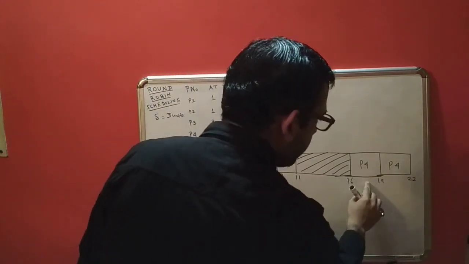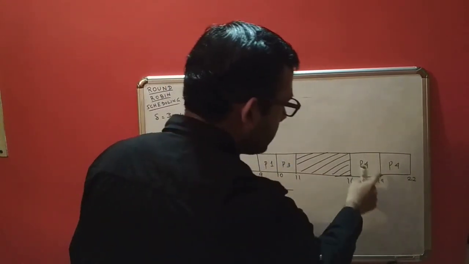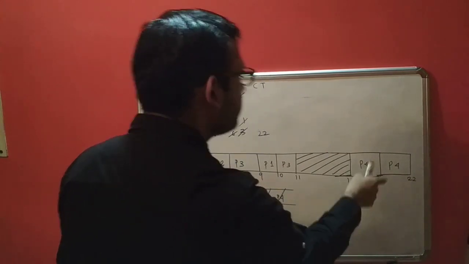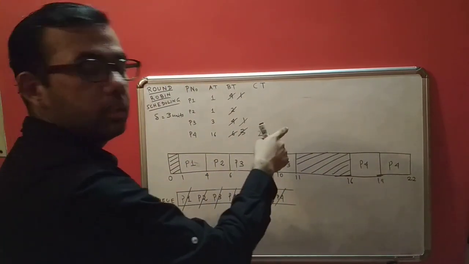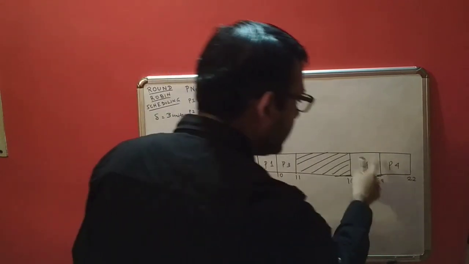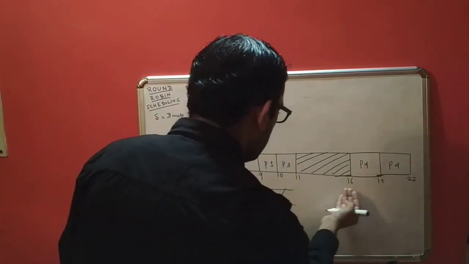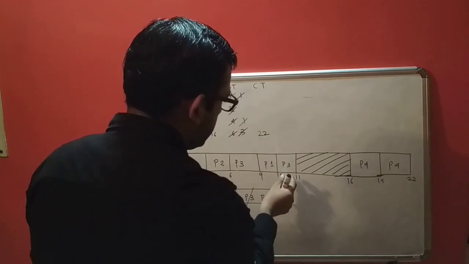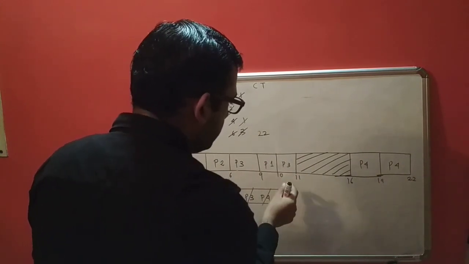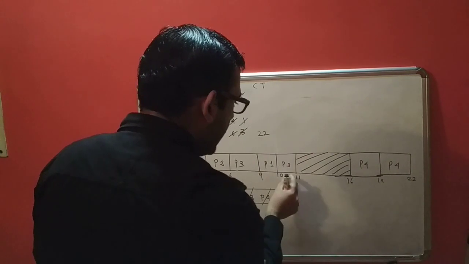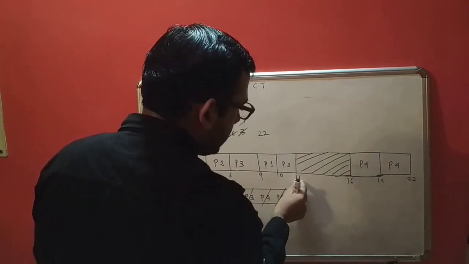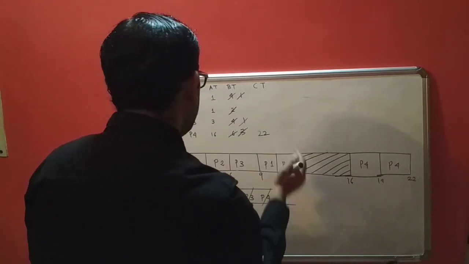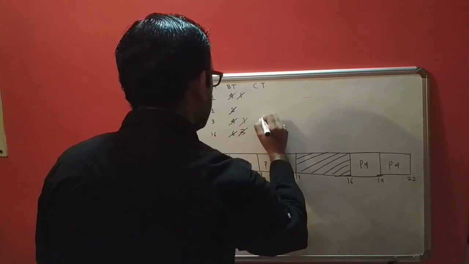Here also I found another slot, but the slot was for P4 itself, and I've already found the completion time for P4, so I'll ignore this. Now, the next new time slot that I have found is that of P3. And where does that slot end? That slot ends at time unit 11. That means the completion time of P3 is 11.